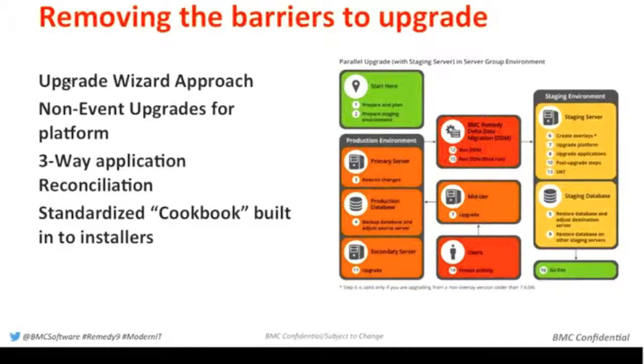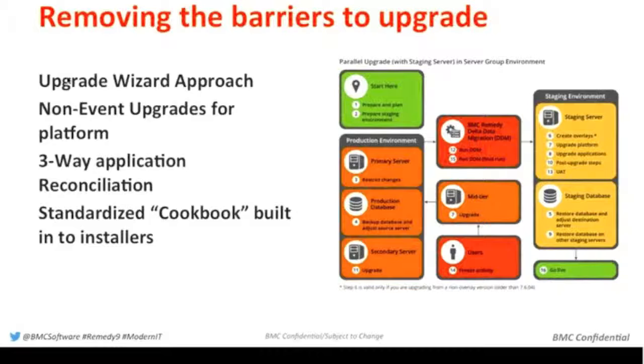Keeping in mind that if you're on a pre-7604, you have to go in and create overlays, and then you can go through the process. So you'll see number 6 on the diagram, far right-hand side under staging server. I can go in and upgrade those or set up the overlays first.